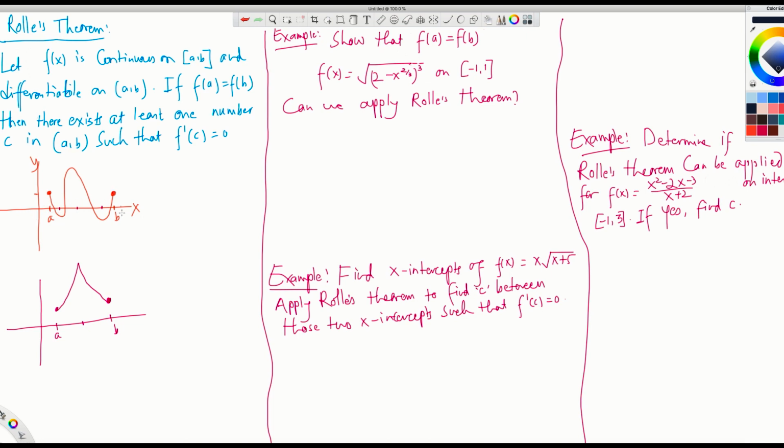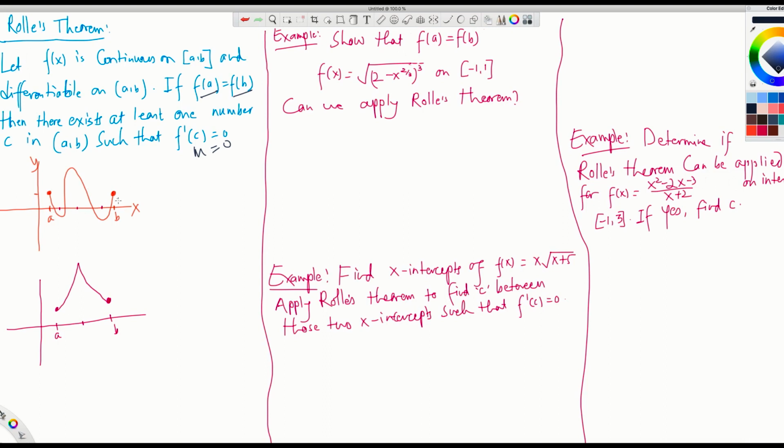We are not talking about the boundary, just between a and b. If the height of the function at the boundary is equal, then there must be at least one number c between a and b such that the derivative at c is 0. That means the slope is 0, right? That means the slope of the tangent is 0.